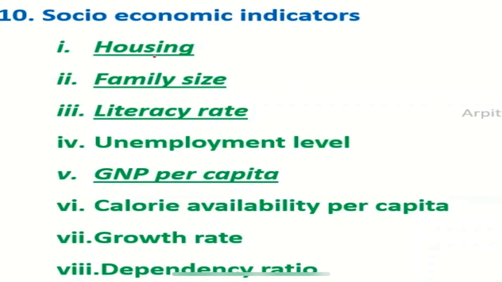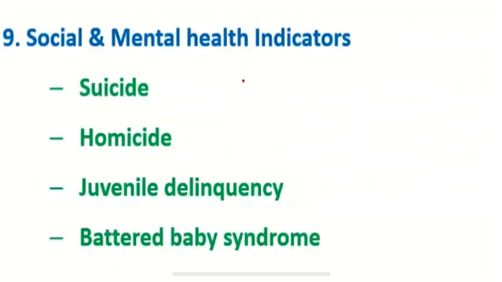Moving on, we have socio-economic indicators. Guys, this is a very valid point. It is a very valid positive indicator of social and mental health. It is very necessary for the indirect measure of the health of the community. We also have other indicators like alcohol, smoking, drug addicts, obesity, drug abuse.